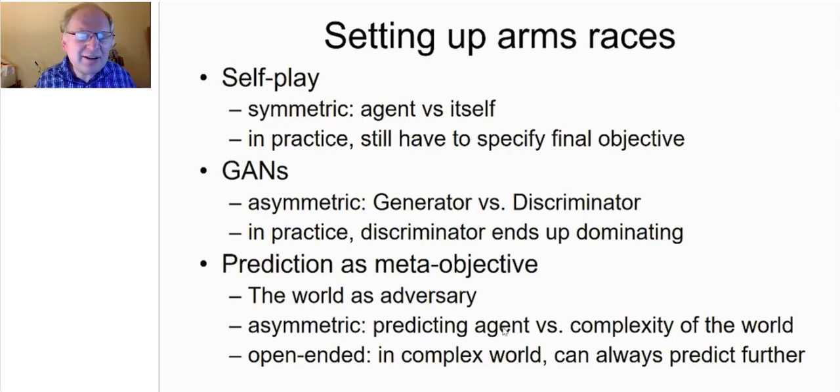So it's kind of an asymmetric thing where you have your predicting agent, and the predicting agent is competing against the complexity of the world that does not necessarily wish to be predicted. Okay, and the nice thing is that if it all works out, it's open-ended, because in a complex enough world, one can always predict further. There's no limit to how smart of a predictor you can be.